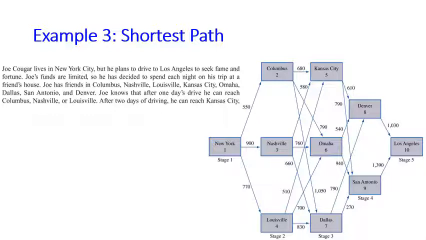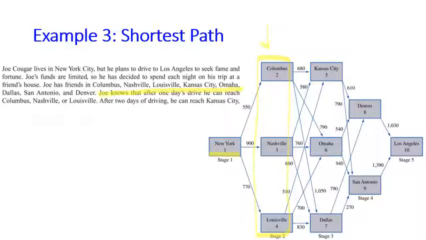So let's look at this diagram here. What the sentence says, after one day's drive, he can reach Columbus, Nashville, or Louisville, means that he starts his first day in New York, and then after one day of driving, he may reach one of these three cities. Okay, so this is how to read this diagram.